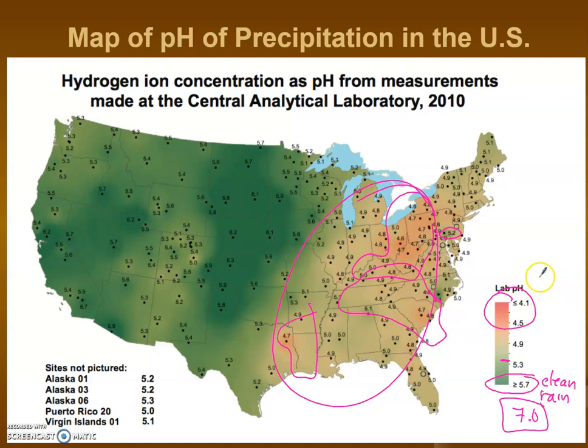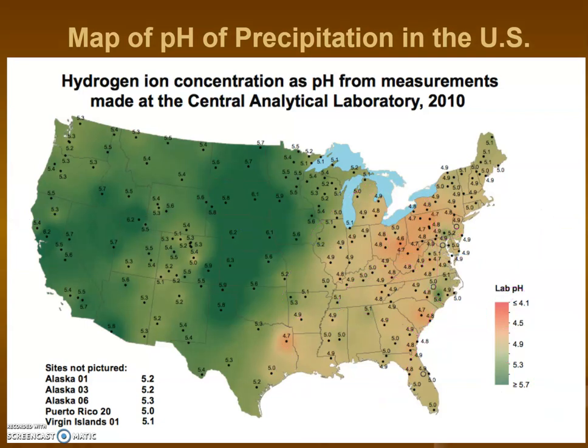So why is that? Well, there's a couple of reasons. We know that the jet stream is usually going to flow from left to right, meaning west coast to east coast, and we're going to basically get all of the dirty stuff. But also, do you know what is produced a lot in this area right here? I'll show you.